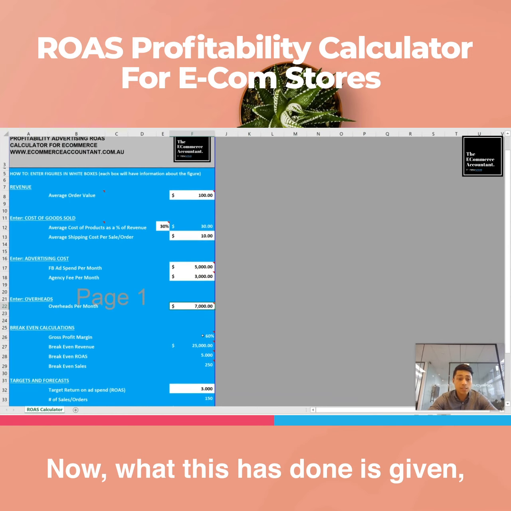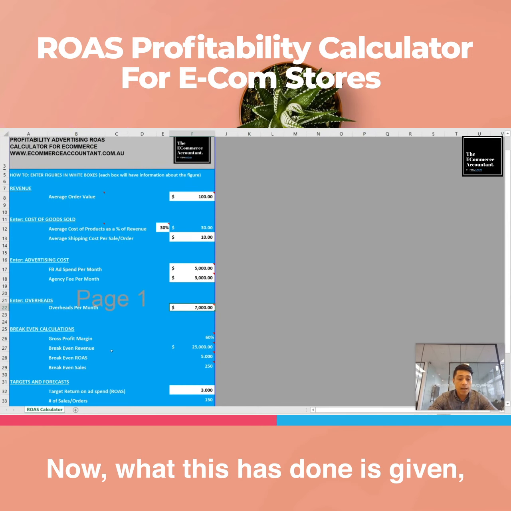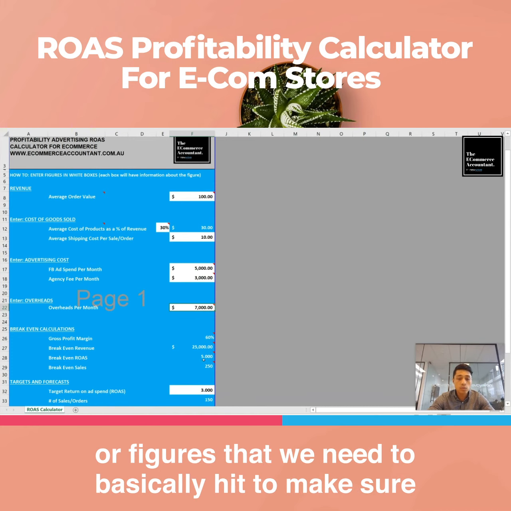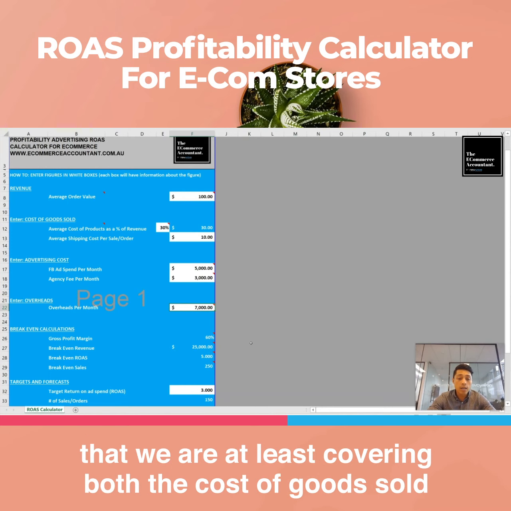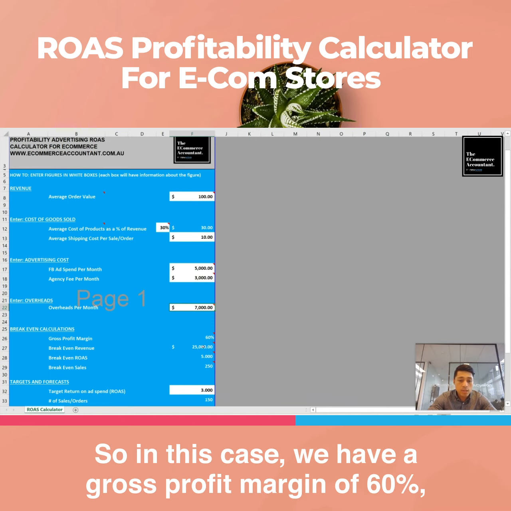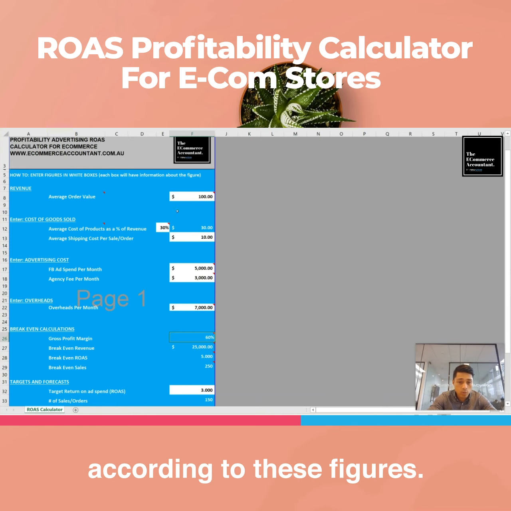Now, what this has done is given us break-even calculations, or figures that we need to basically hit to make sure that we are at least covering both the cost of goods sold and your overheads. So in this case, we have a gross profit margin of 60%, according to these figures.